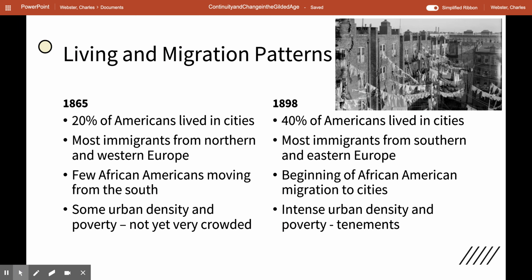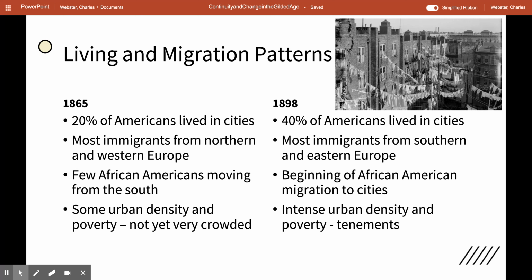And African Americans also began to slowly trickle northward in order to escape sharecropping and Jim Crow laws in the South. And this massive influx of people meant that cities were very dense, and many people had to crowd into tenements, which were unsafe, unventilated, ramshackle apartment buildings.